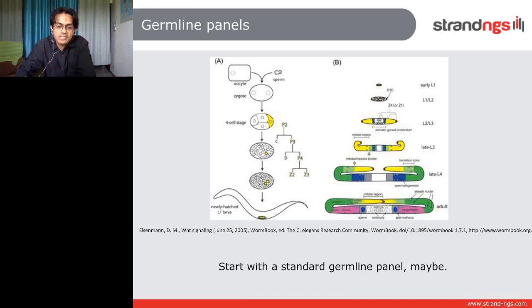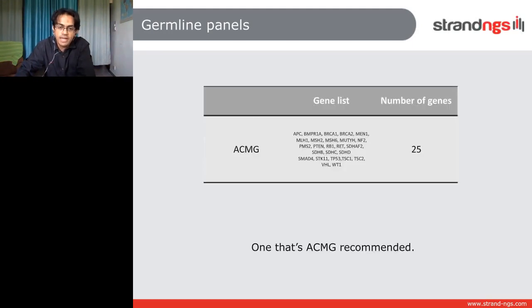And panels that are based on germline diseases, that is, diseases that you inherit from your parents, are called germline panels. And there are some standard panels that are germline. One of them is recommended by the ACMG and contains 25 genes. So these 25 genes are seen to be critical in detecting germline types of diseases, right?